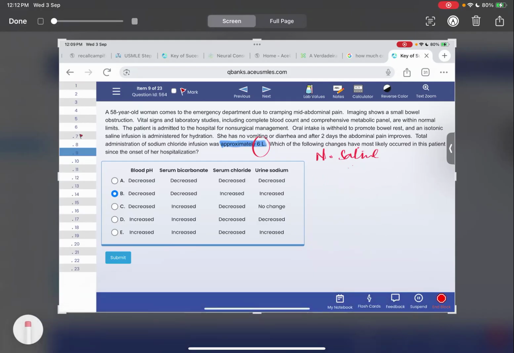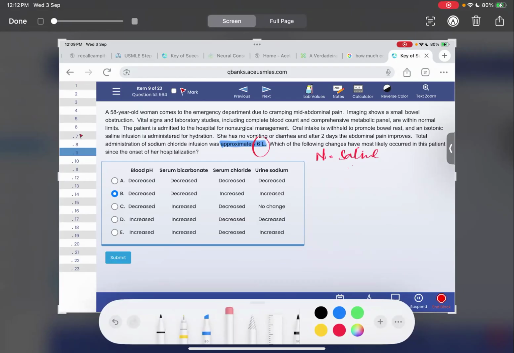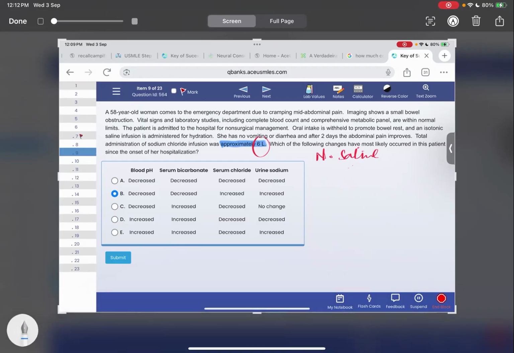We got to the point that normal saline causes an abrupt increase in chloride. We got there, right? It is important in the anion gap. Okay, we are going there.